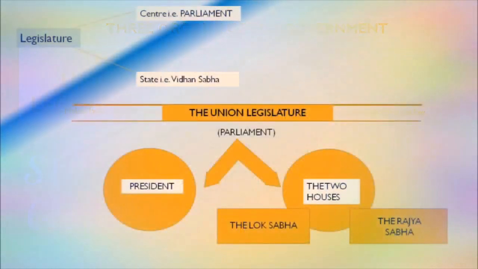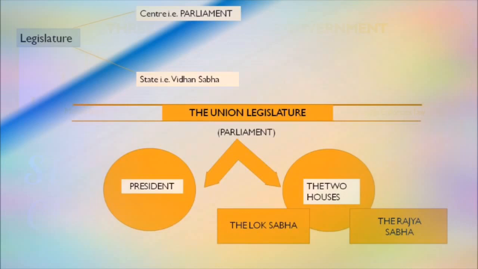The Legislature of India can be divided into two, one at the central level, which is known as Parliament or the Union Legislature, and another at the state level, which is known as Vidhan Sabha or Legislative Assembly.